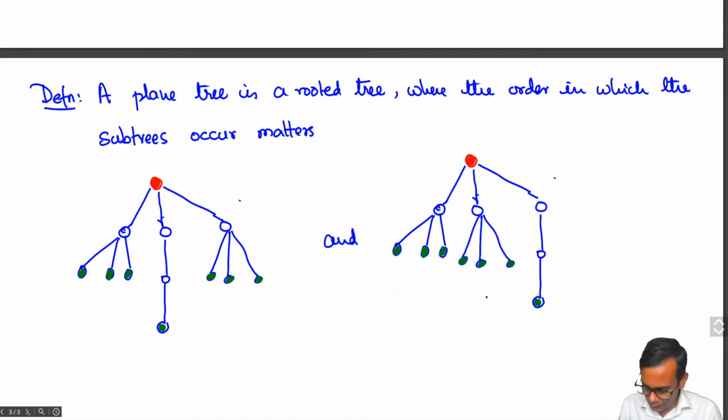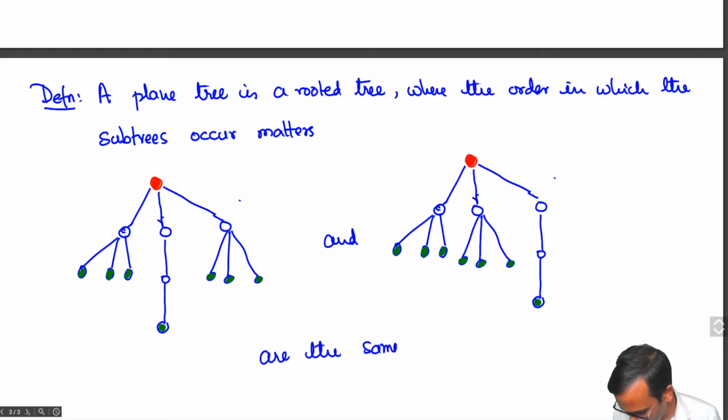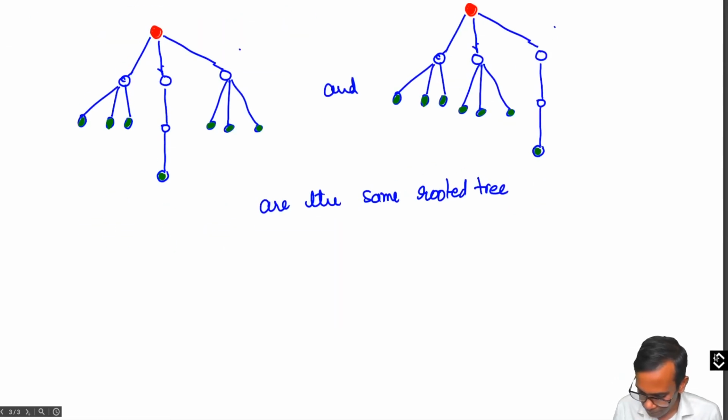So now these are isomorphic as trees but not as plane trees. The same rooted tree but different plane trees.